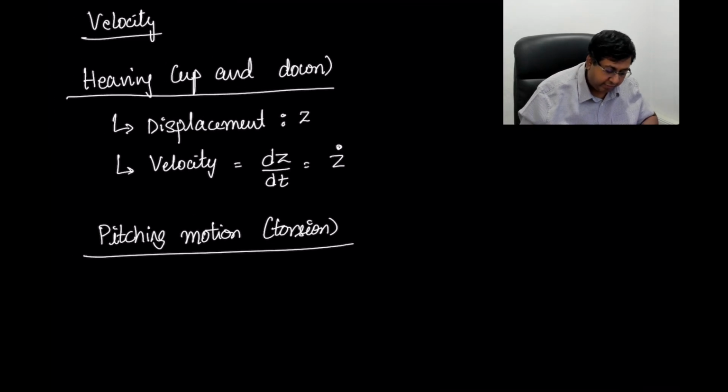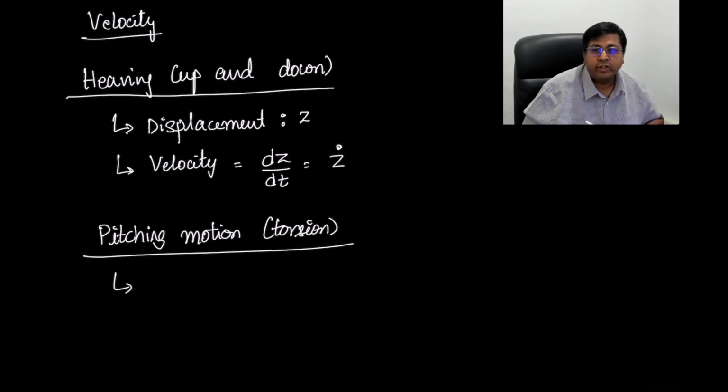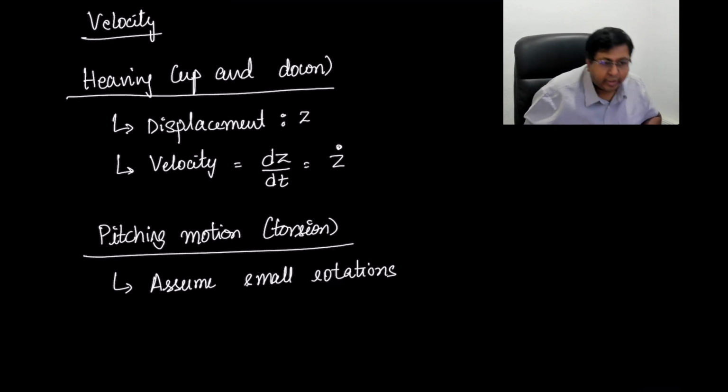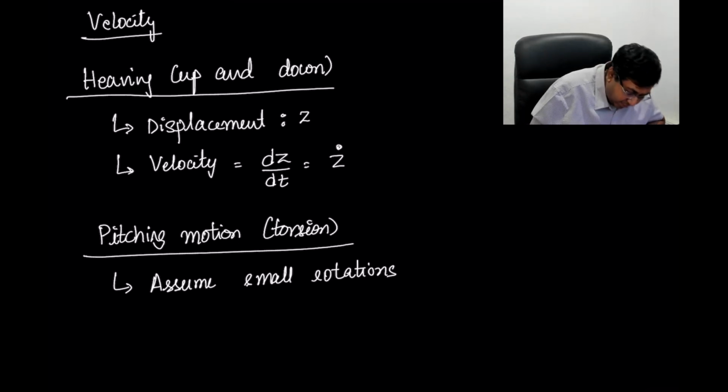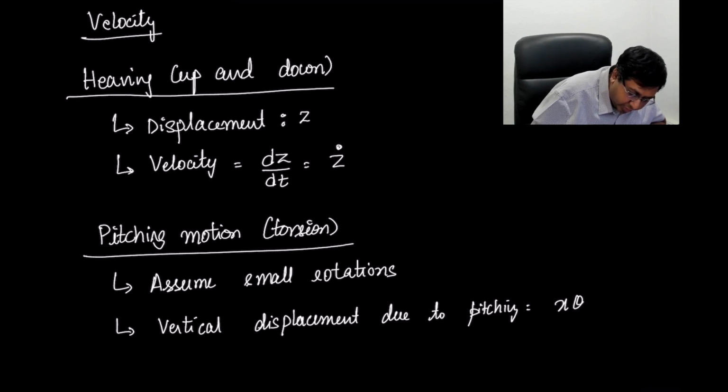How did we assume that? One of the assumptions that we have made is that our rotations are small. Let's assume small rotations. Then the vertical displacement due to pitching is nothing but x into theta.